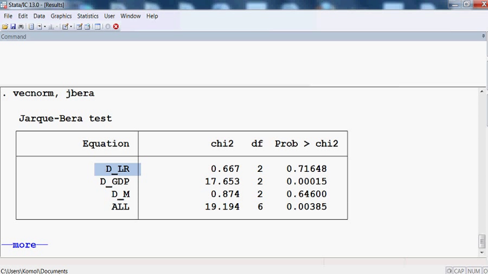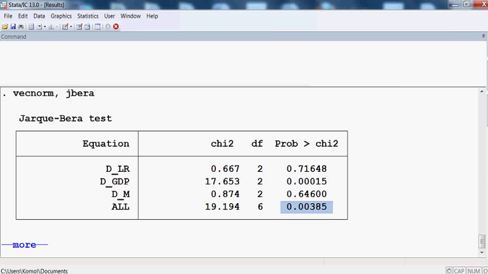But when I consider all, that means the whole system, right? Then I see that the p-value is less than 5%, meaning that the residual is not normally distributed, and that is not desirable.